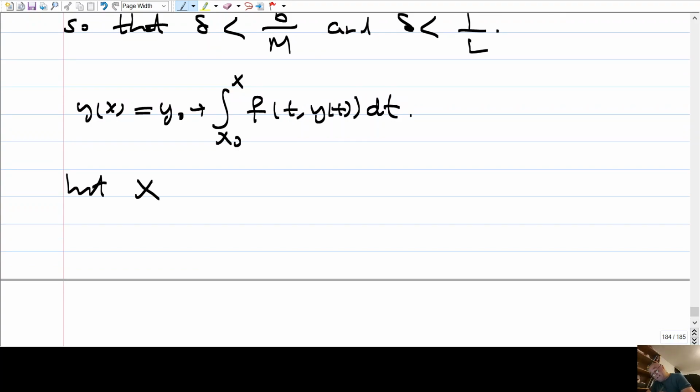Let X be the metric space of continuous functions on the interval [x0 minus delta, x0 plus delta], with the supremum metric.